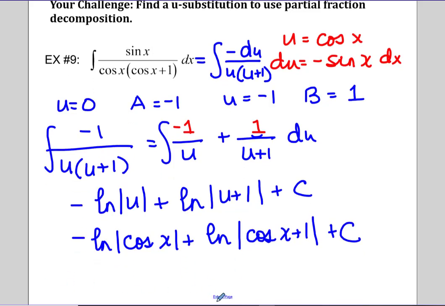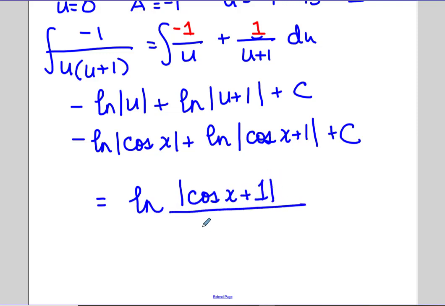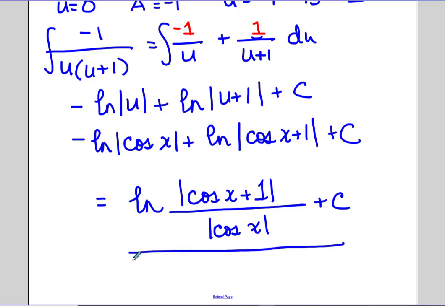And again, I'm going to neaten that up to use the log properties. We've got natural log of cosine of x plus 1 divided by cosine of x plus c. And actually we could put that whole term in absolute value and make it just one concise expression.